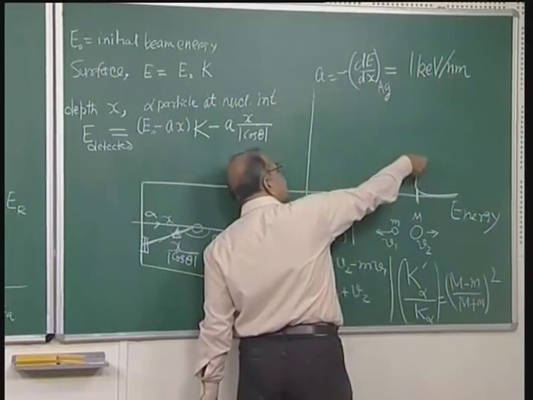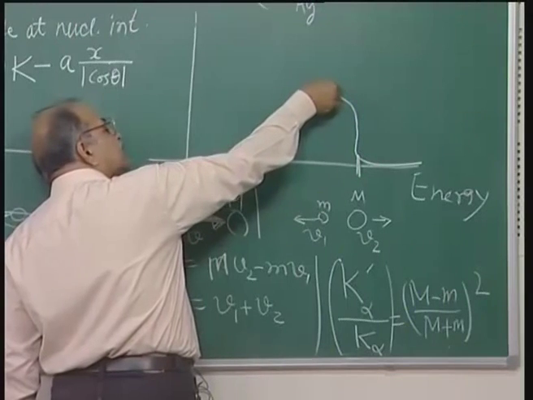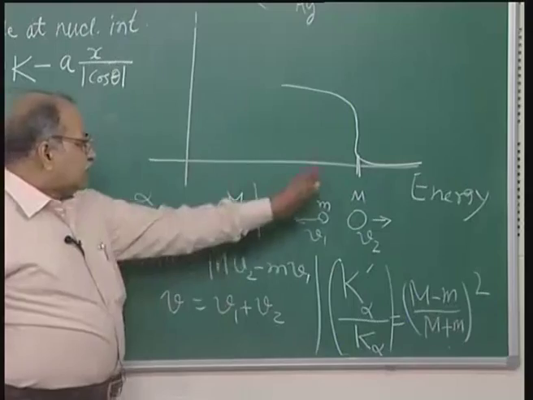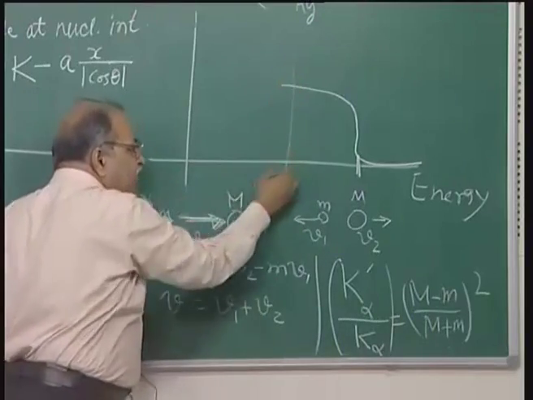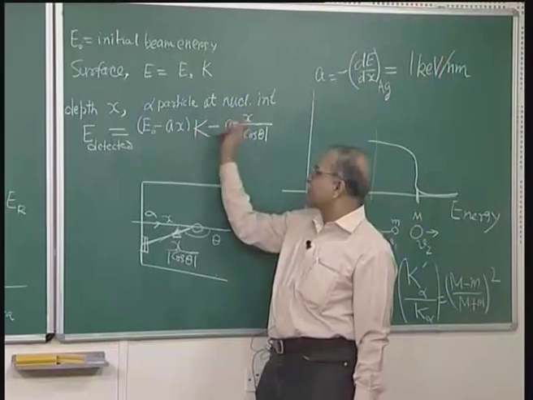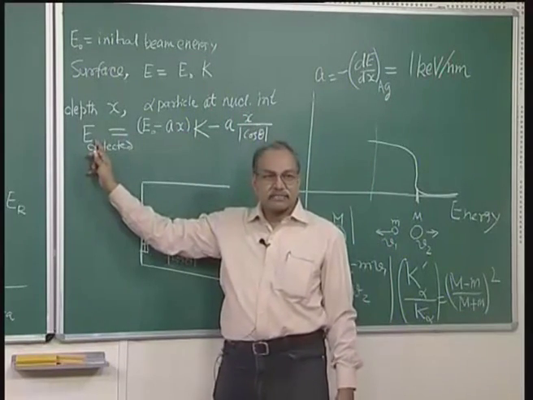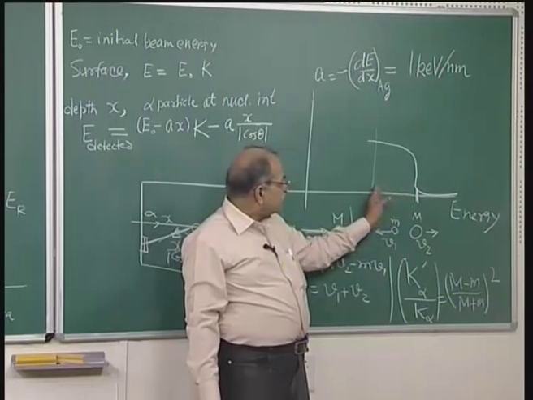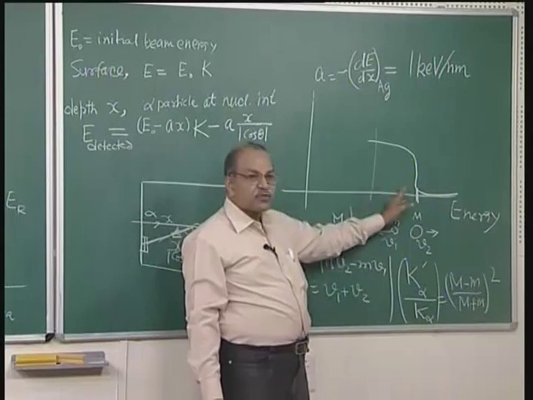Suddenly you have a rise, and then you have all this. So, each depth x corresponds to a particular energy, and that is how we are getting different energies. Each point here corresponds to a particular depth.